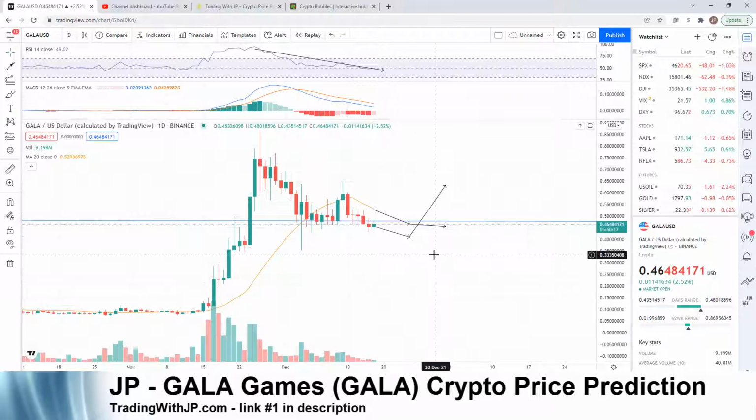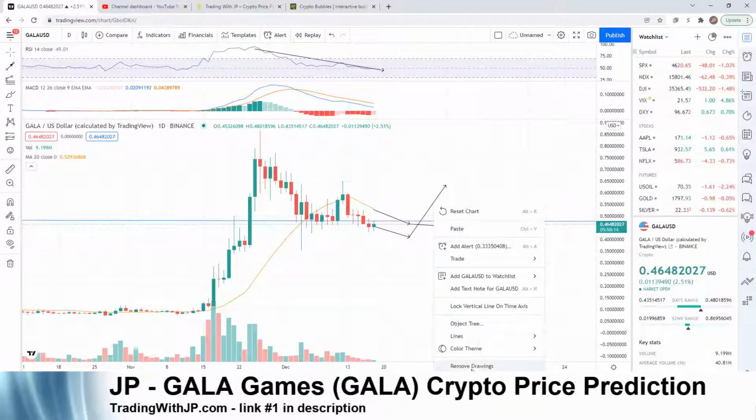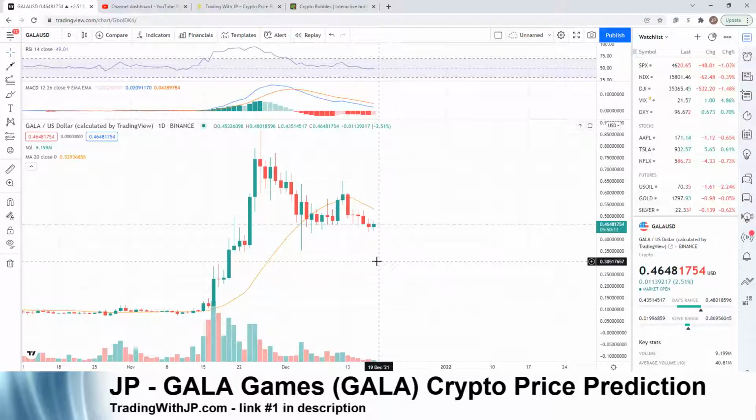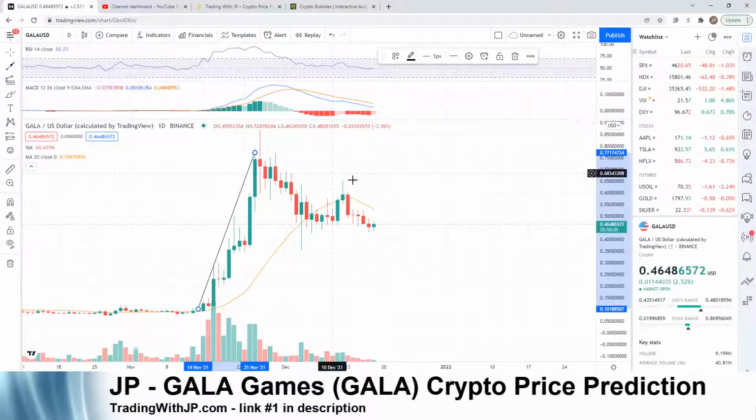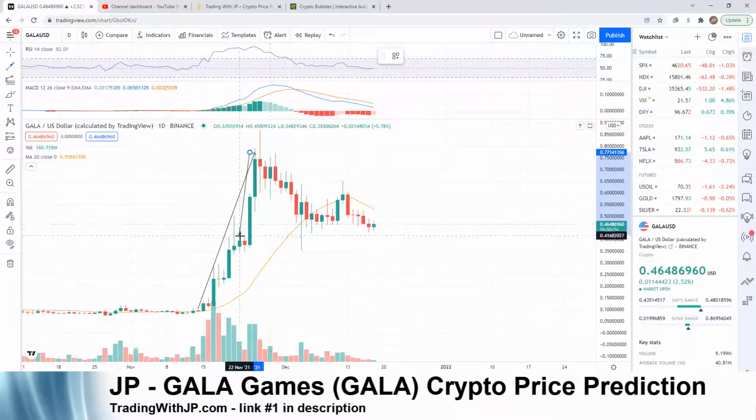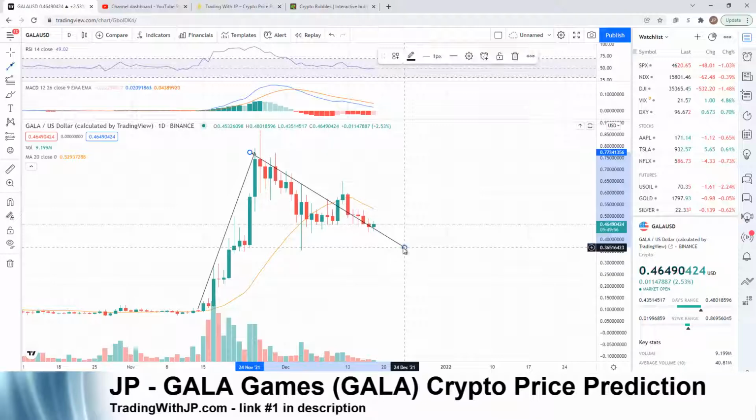So let's go ahead and reset or remove all of these drawings and get an idea. Right now we're looking at, in my opinion, wave one. Here's our correction. Let's say that maybe the price gets all the way back down to about the 36 cent level.